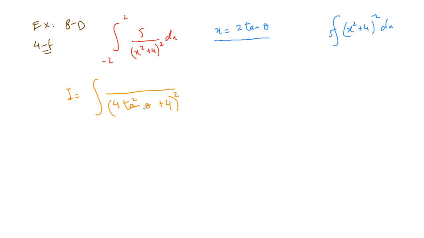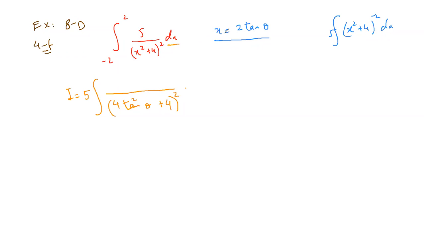Exactly, because you know that you can take a 4 common from here, and 1 plus tan square is going to result as secant square. That's great. Now, we can't do anything about this 5, so I'm just going to write it outside. Now, it's the turn of this dx.